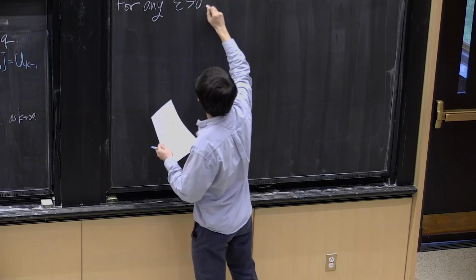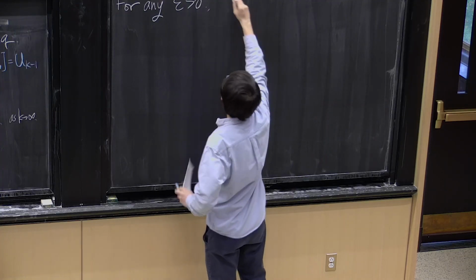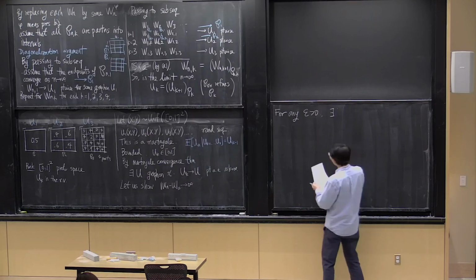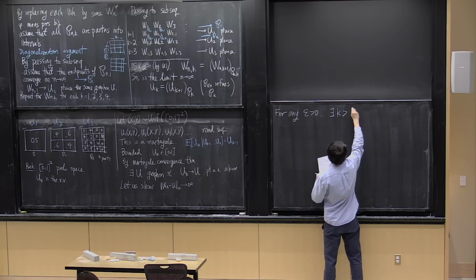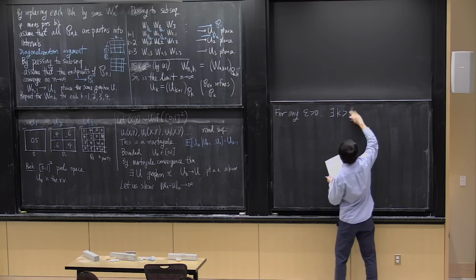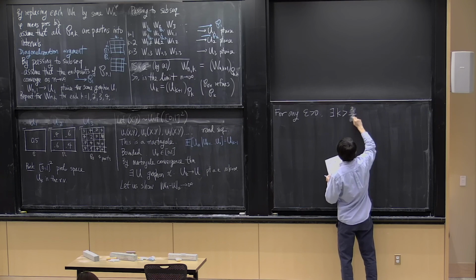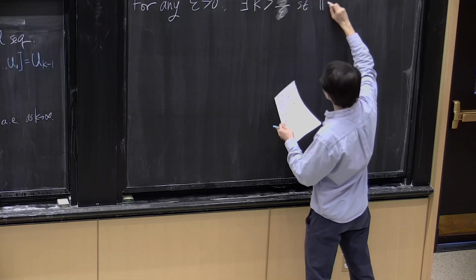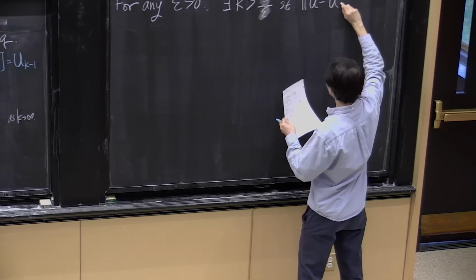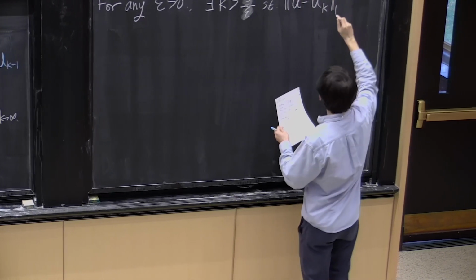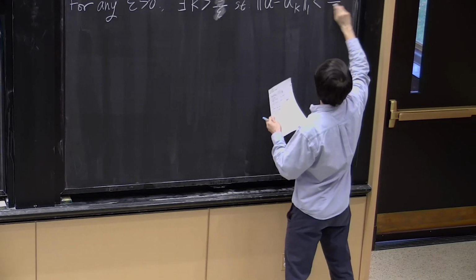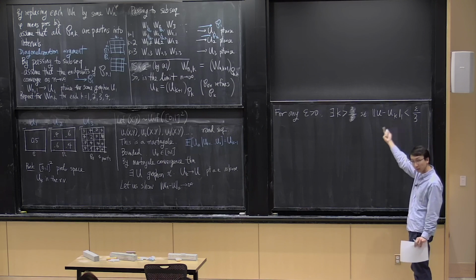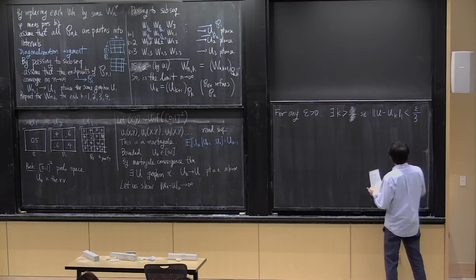For every epsilon bigger than 0, suppose you pick a sufficiently large K, such that U differs from U sub K in L1 norm by at most epsilon over 3. Because the U_k's converge to U pointwise almost everywhere.